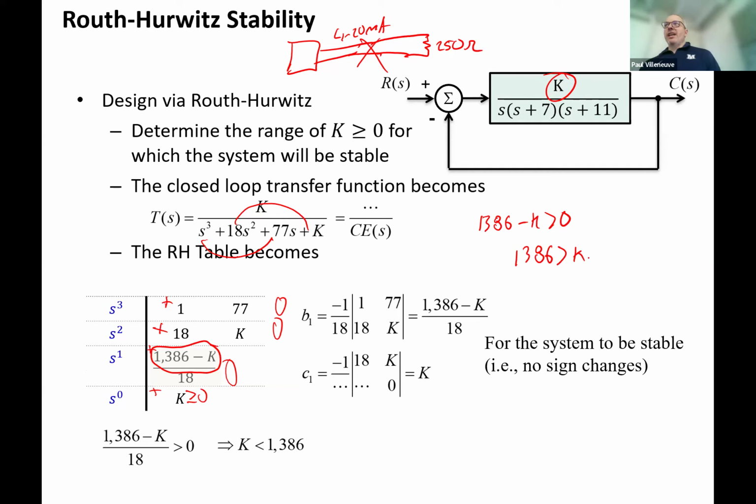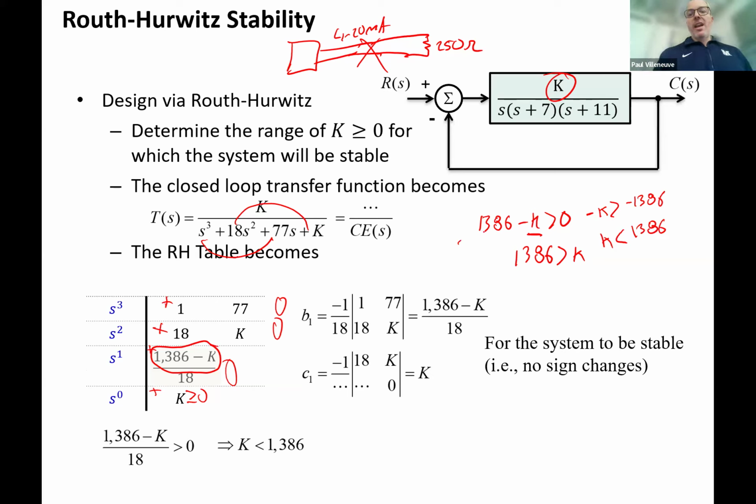And that works out okay. K has to be less than 1386. The other thing you can do, which I usually do, just as a practice, is I never move my K on either side of the equality. The way I typically do this is I say negative K has to be greater than negative 1386, and then I multiply both sides by negative 1. When I do that, I have to flip the sign of the inequality.